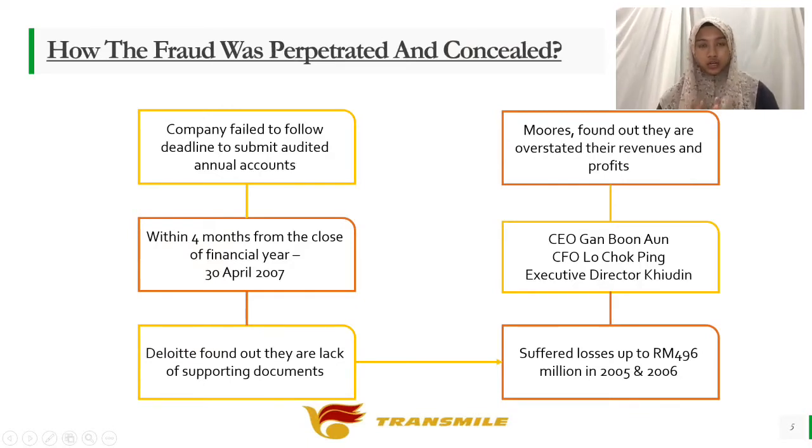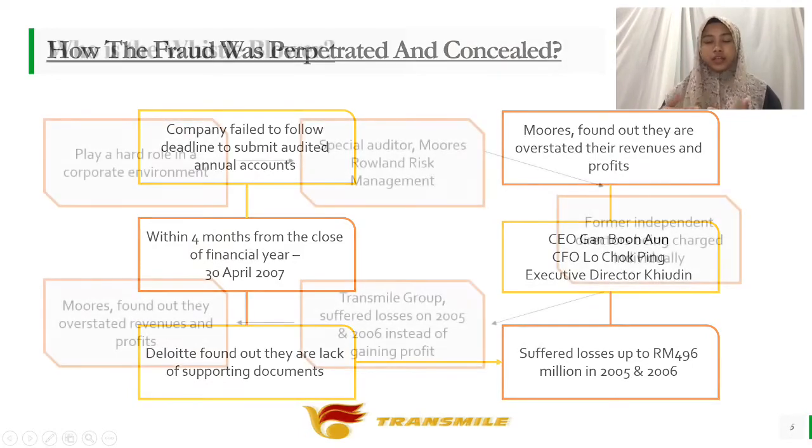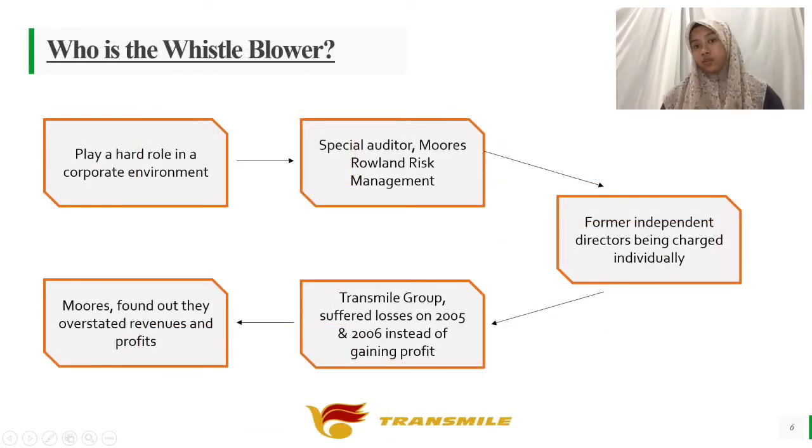And lastly, Moore Stephens found that in 2005, Transmile had losses of RM 369.6 million, instead of which they reported a profit of RM 84.4 million.